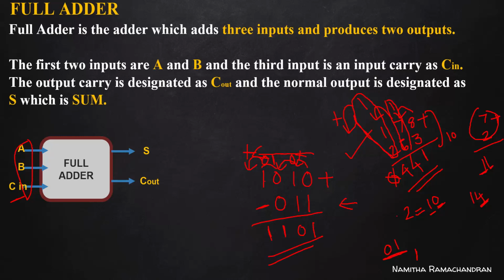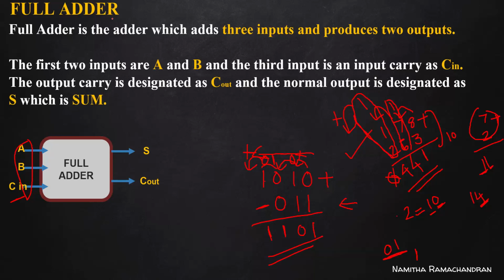In such situations, if a carry is generated in the previous level of addition, we need to consider the carry input for the addition of our next level. So in order to perform this kind of real addition, we need to make use of full adders.